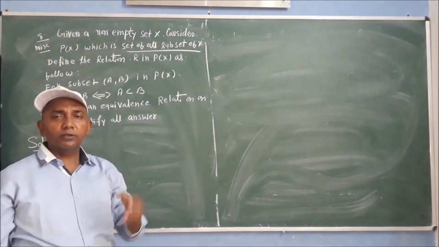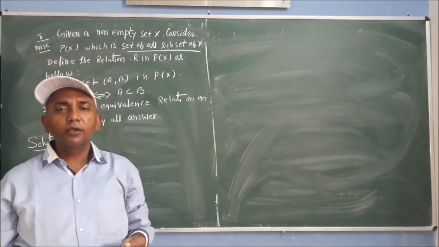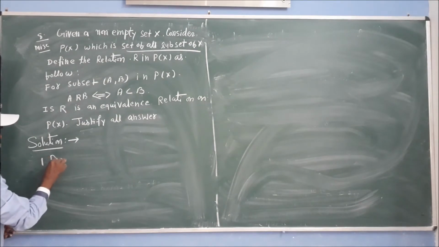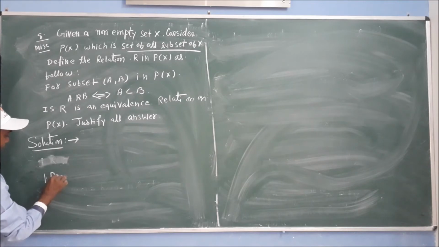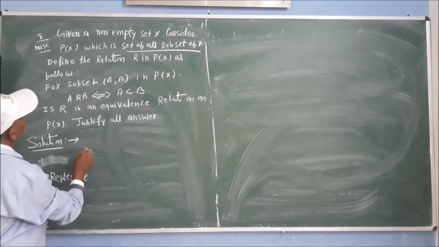First is reflexive, second is symmetric, and third is transitive. So first we check reflexive. Before checking this property, first write what this set is.